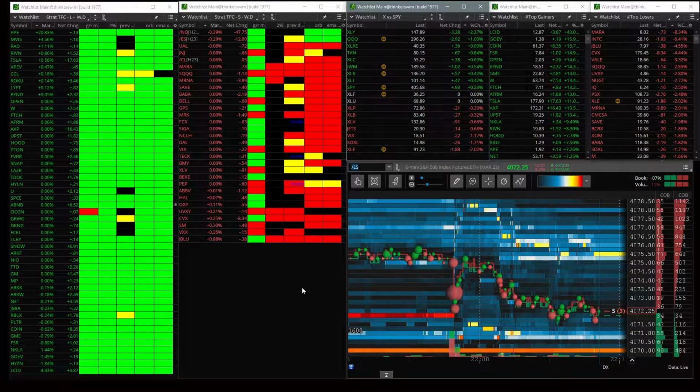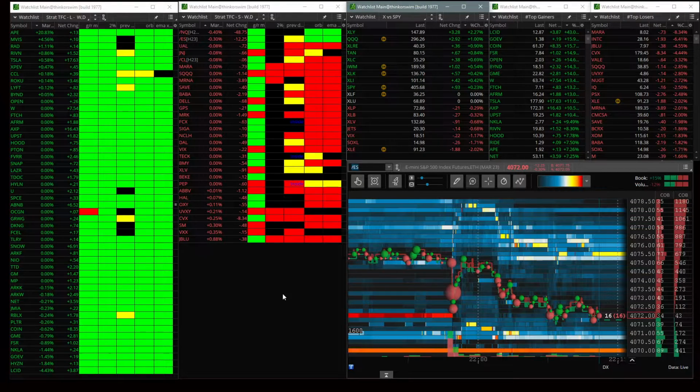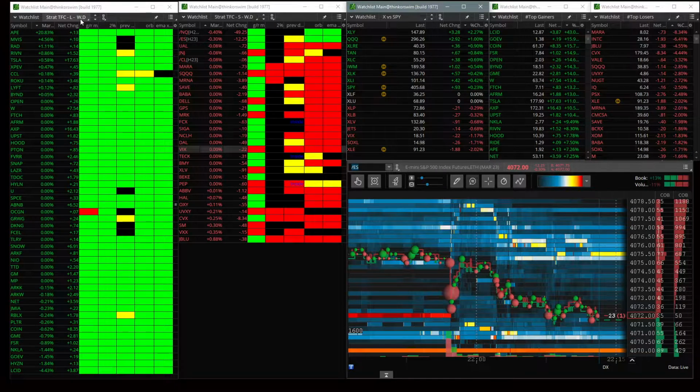We look at daily, monthly, weekly, hourly, and we see, is it in continuity, meaning are they all green or are they all red candles? I'll show you a couple examples here in a second, but that's what time frame continuity is. L is just to the long side, so that is just standing for the green. And then week and day is WD.